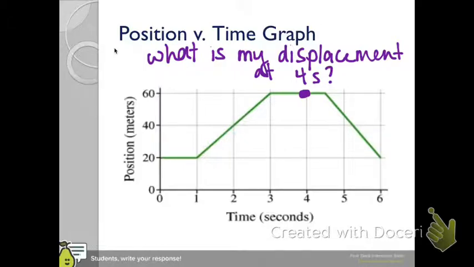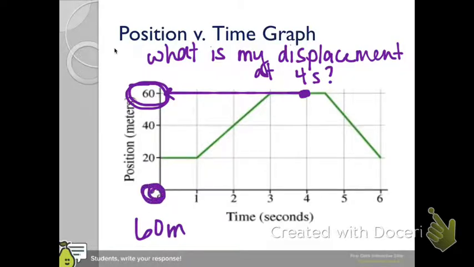So how would I read that? I just go over and read the axes. So if I say, what's my displacement at 4 seconds, my answer is just 60 meters. I'm 60 meters away from where I started. Here's my starting point. At 4 seconds, I'm 60 meters away from that.